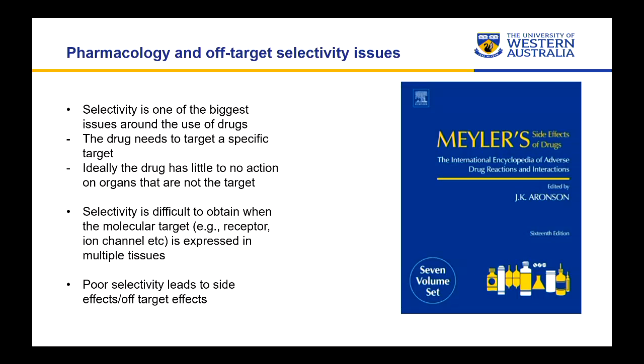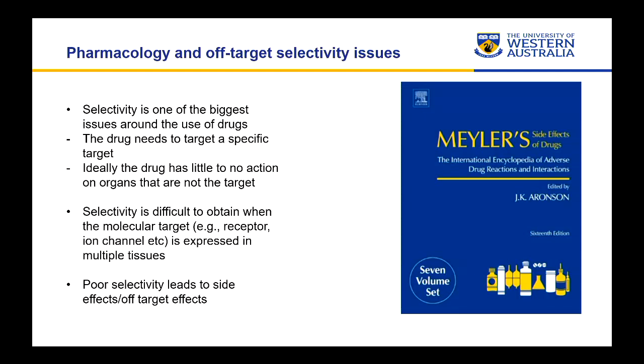So when we give drugs, for example, if we want to target calcium channels in the brain, you take a calcium channel inhibitor, that will go into your system and it will inhibit calcium channels anywhere in the body. So we affect multiple targets, we affect receptors that we want, but they're also in organs outside of what we're trying to target. And poor selectivity then leads to a whole range of side effects.